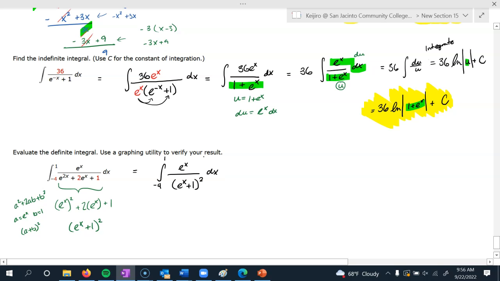And now it looks like a different u substitution is kind of possible. If we allow the inside of this function, just the e to the x plus 1, to be our u, then our du can be e to the x dx, which we so conveniently have exactly in the numerator.